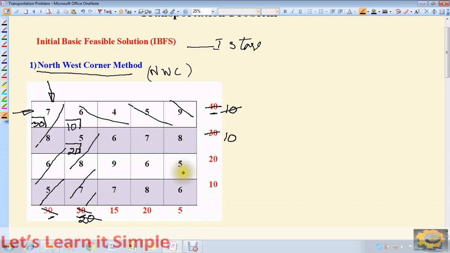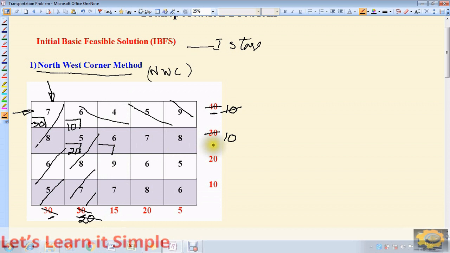Now the northwest corner for this matrix, after striking off the first row and columns 1 and 2, we are left with this. Among this remaining or pending matrix, this is the northwest corner. If you look at the column, we have 15.